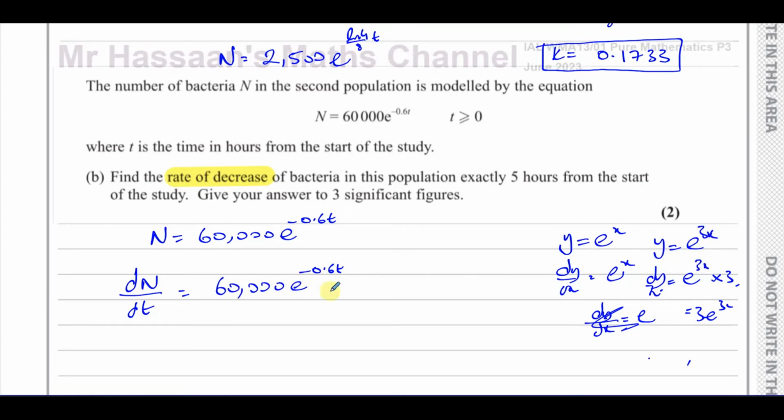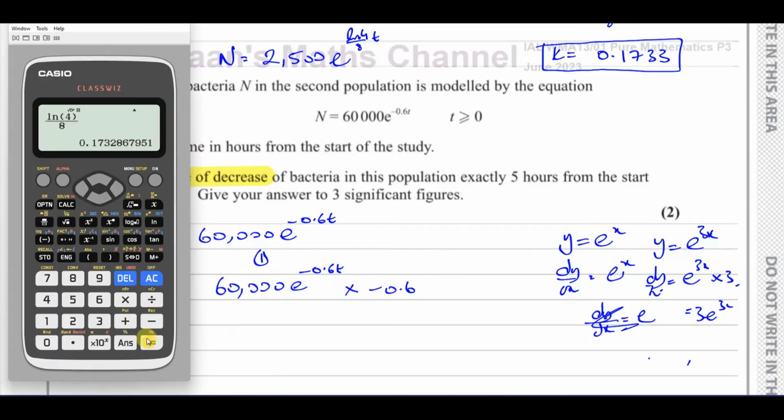So this is what we're differentiating: something which is e to the power of something. So the first step is it stays the same. Then you have to multiply it by the differential of what's inside the function. So you're going to multiply it by negative 0.6, because if you differentiate negative 0.6 t with respect to t, you get negative 0.6. Okay, so you end up with 60,000 multiplied by negative 0.6, which gives you negative 36,000.